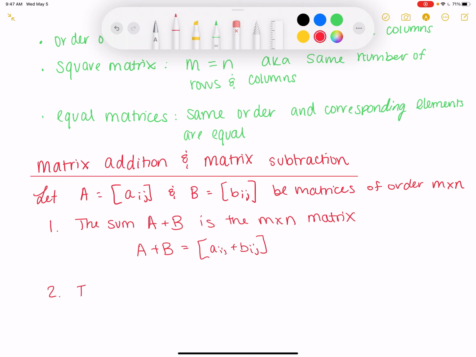Or secondly, the difference, A minus B, is the m by n matrix such that A minus B is equal to A sub ij minus B sub ij.